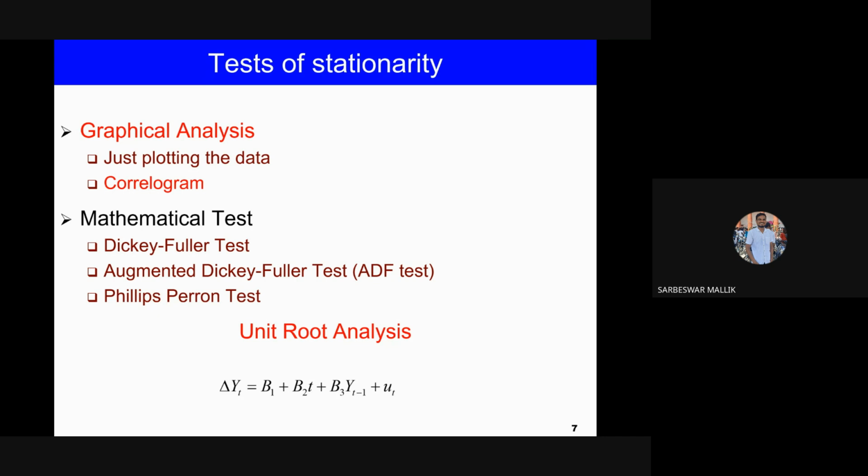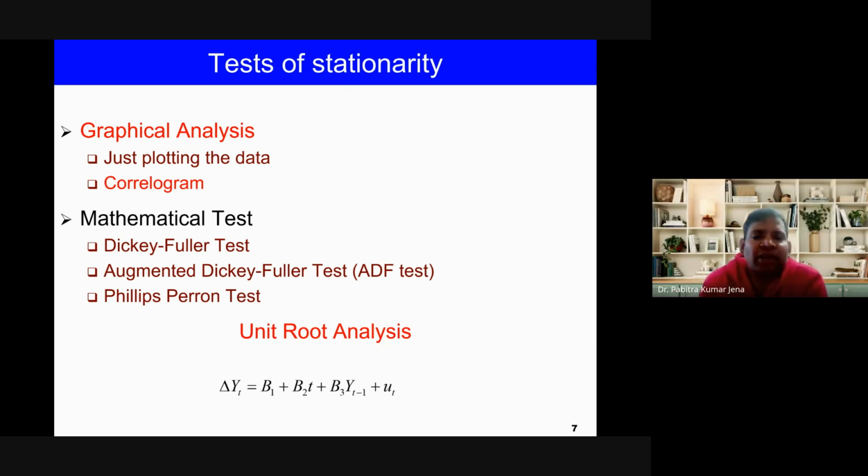Sir, can you tell us a little bit about instrumental variables? Yes, for example, if you are taking one dependent variable and more than one independent variables, and after doing the endogeneity test, you came to know that y is a function of x1, x2, x3, x4, plus ut.